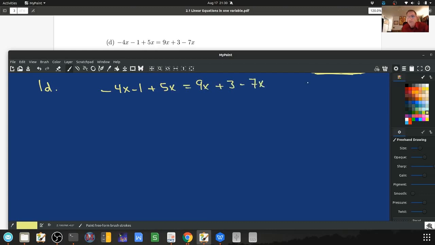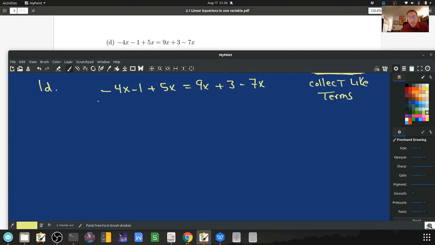And here we're going to do something called collect like terms. In this case, we have our constant terms, which are minus 1 and 3, and our variable terms, which are minus 4x, 5x, 9x, and minus 7x.